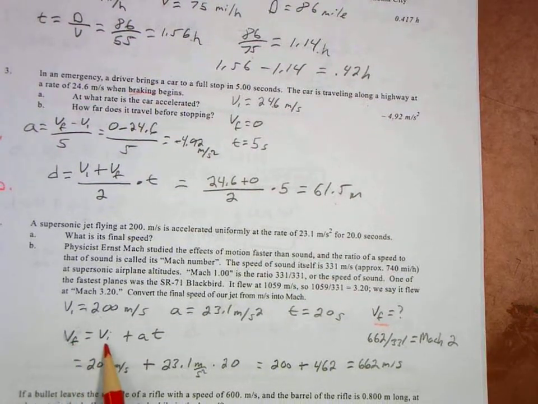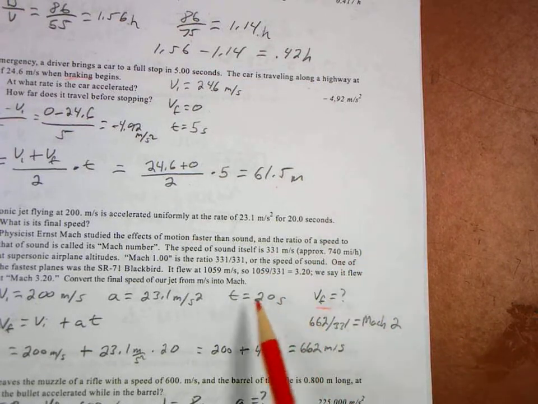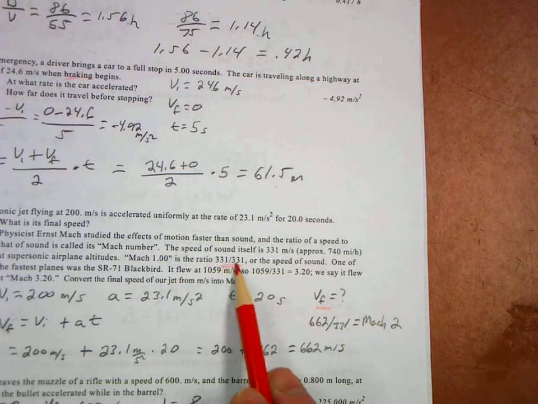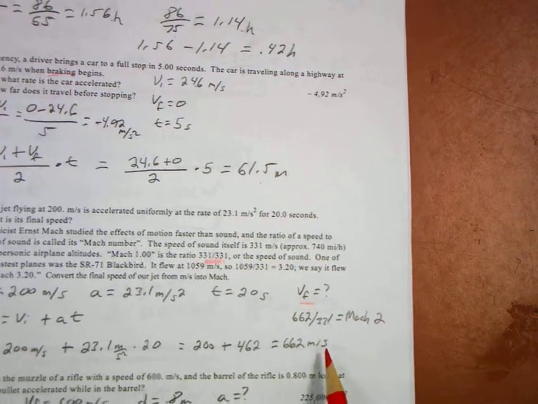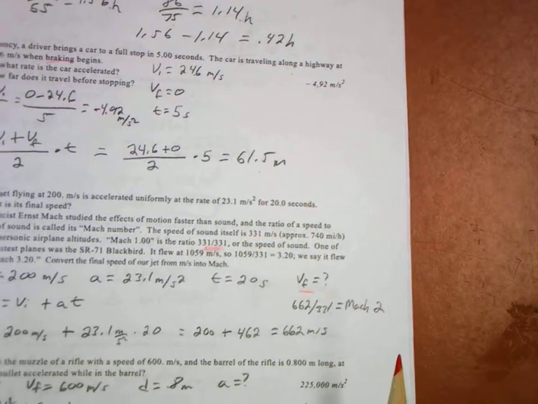V final is V initial plus acceleration times time. Plug in the values. We get 662 meters per second. So to find what Mach speed that is, we look at the ratio. We know that the ratio is 331 compared to the value. So we divide the 662 by 331 and we get Mach 2 for the answer.